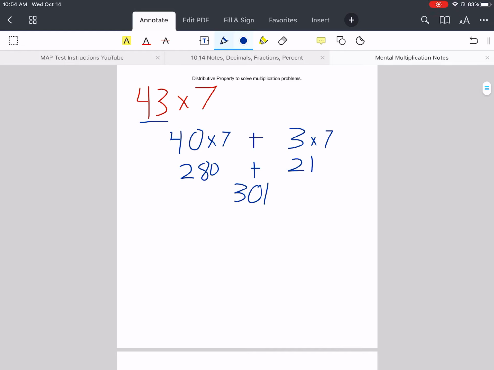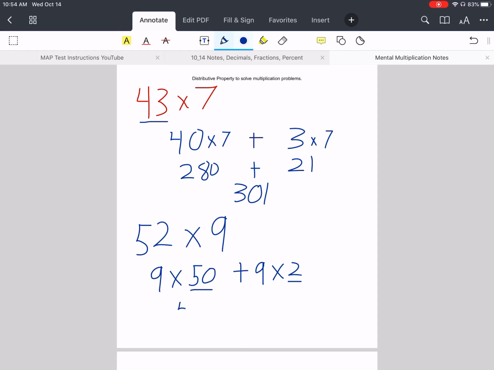Let's say we have 52 times 9. So what we're going to do is break apart the 52, and we're going to show 9 times 50 plus 9 times 2, because 50 plus 2 makes 52, and that's going to equal 450 plus 18, and that'll give us 468.